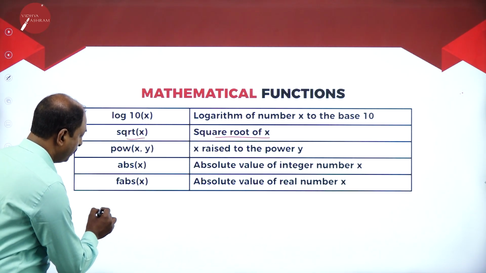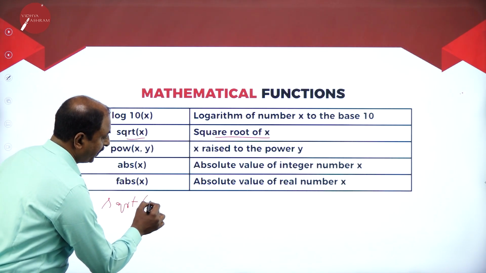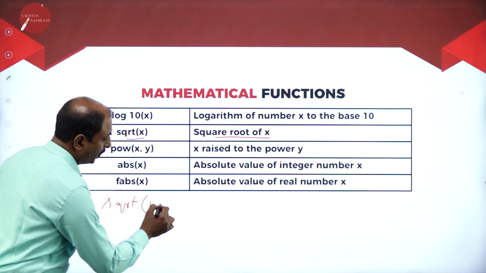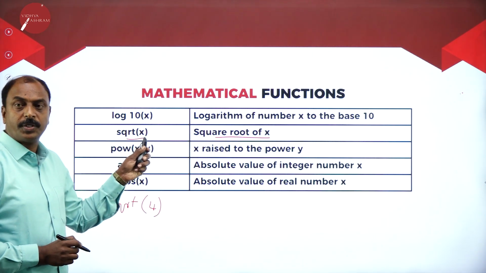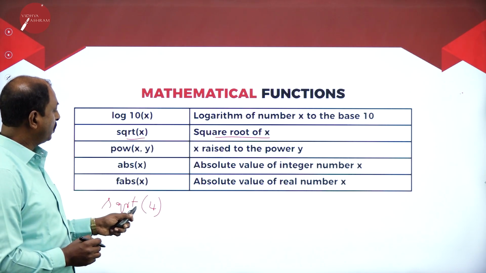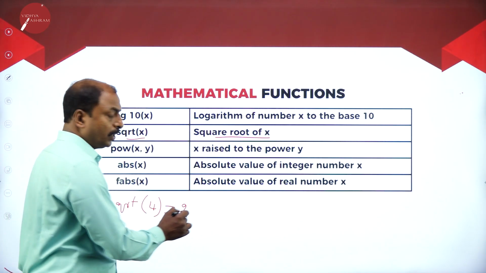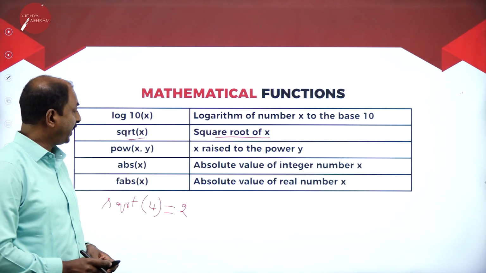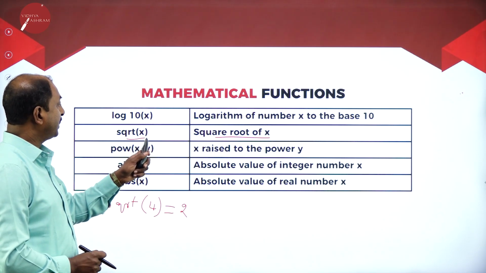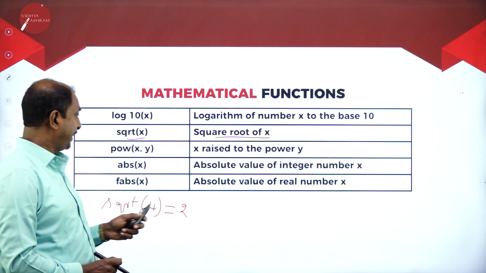Suppose I write sqrt of x, and I give the value as 4, the square root of 4. Here x is a value input by the user, so it gives the result square root of x as 2. So this is the meaning of library or inbuilt functions. sqrt of x is a library function. It gives the square root of the value x.